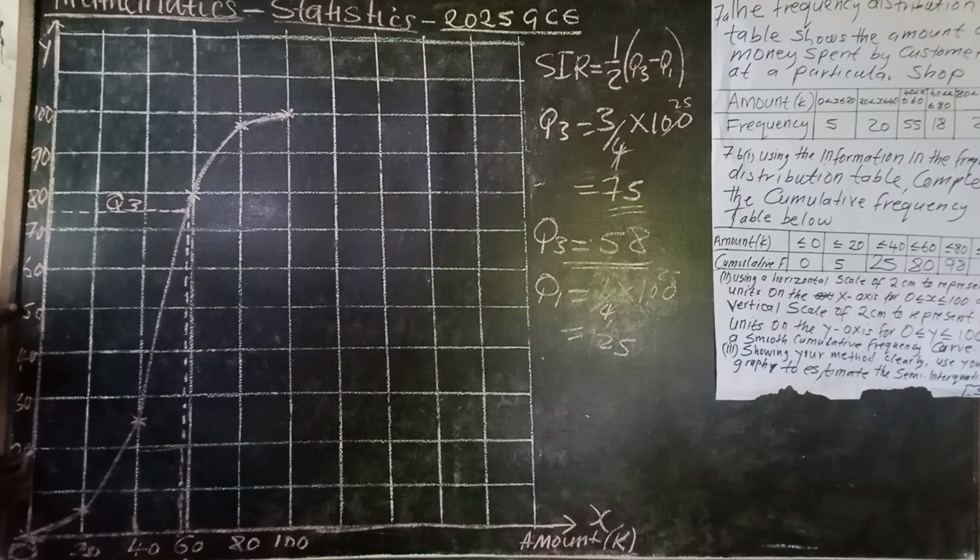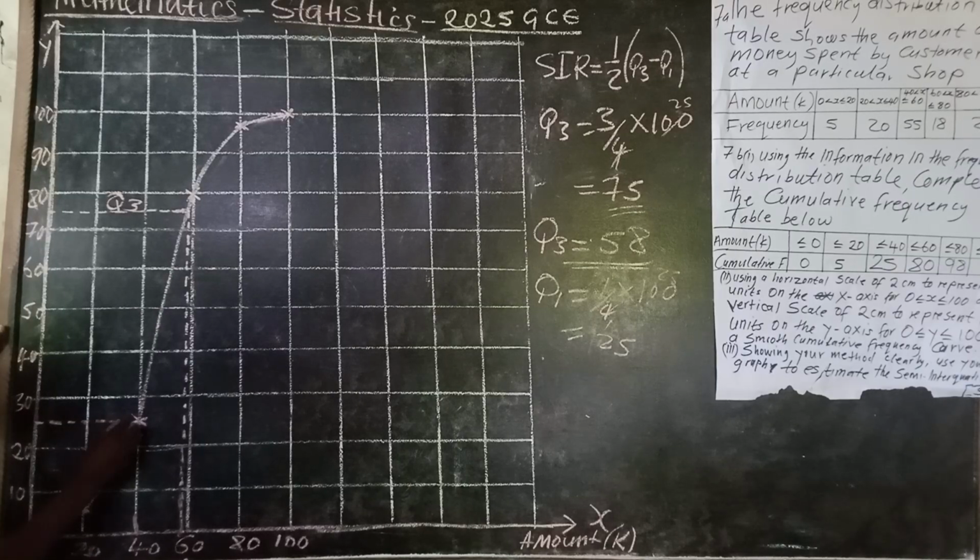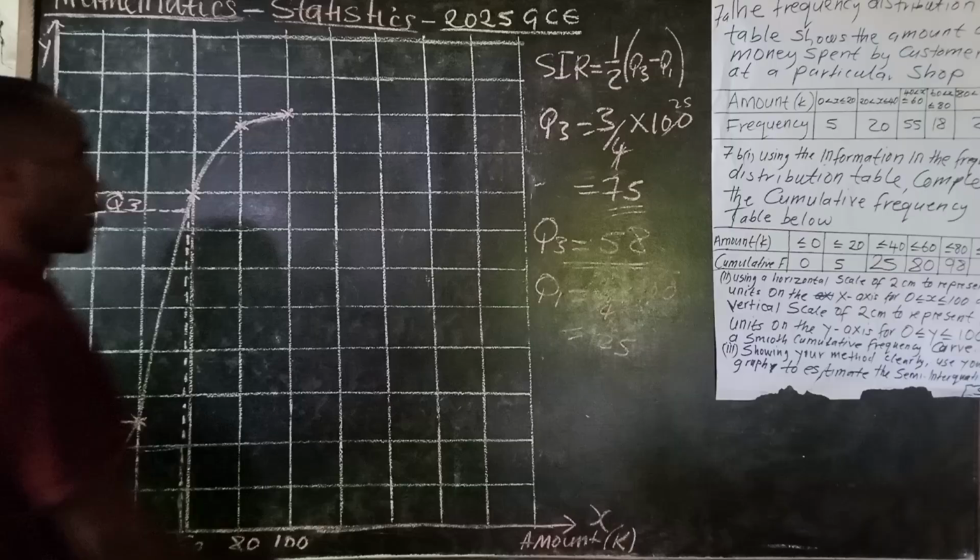Then you go to the same axis. Where is 25? 20 is here, so 25 somewhere here. Again, you do the same. Then you go down. When you come down, it's just along this line, and this is 40.